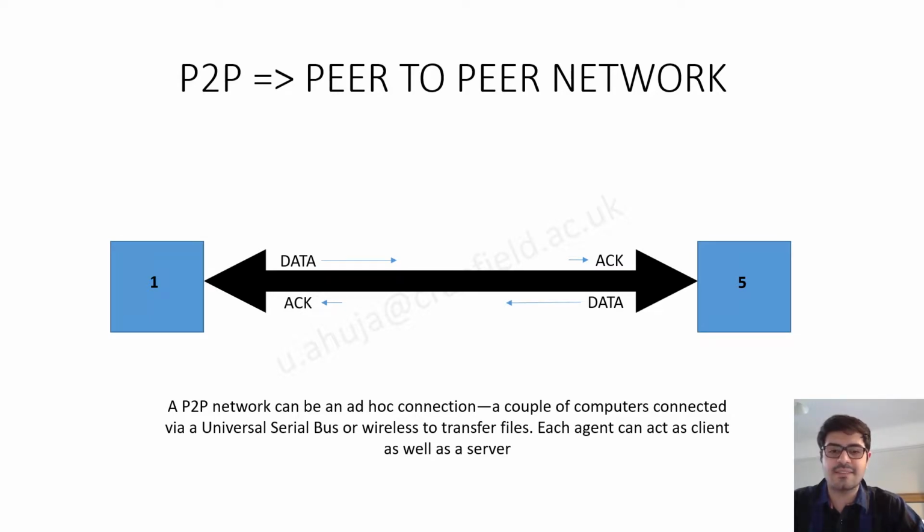Each agent can act as a client as well as a server. So each agent can serve the network and can also act as a client. One more thing: the hardware on each of the different agents can receive communication from a single node and can send the data to many nodes at the same time.